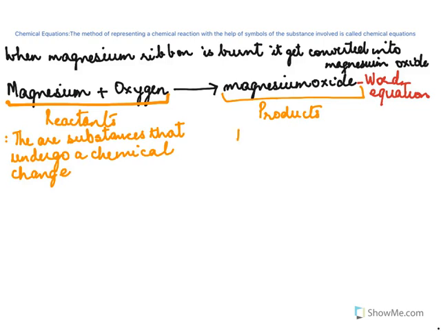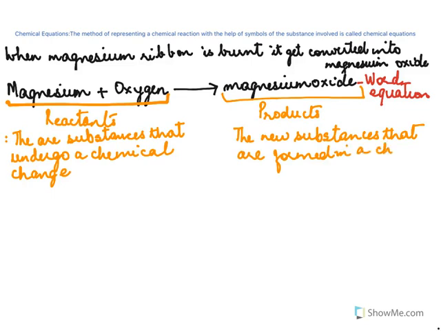So products are the new substance or substances that are formed in a chemical reaction. So we know what the reactants are and what the products are, and between the reactants and the products we put this arrow.